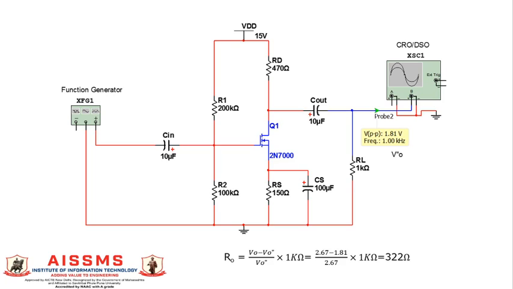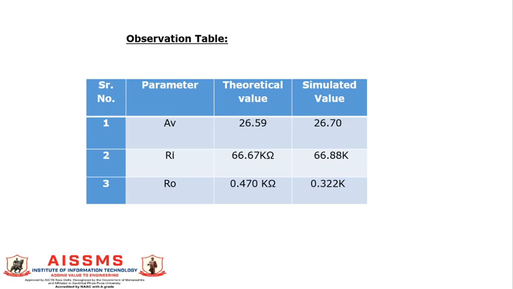So for calculation of output resistance, connect a 1K resistance across the output and measure the output voltage V0 double dash, that will be 1.81 volt. Now if you put the value of output voltage V0 double dash equal to 1.81 volt, you will get R0 equal to 322 ohm.